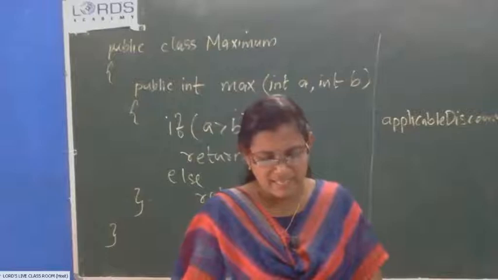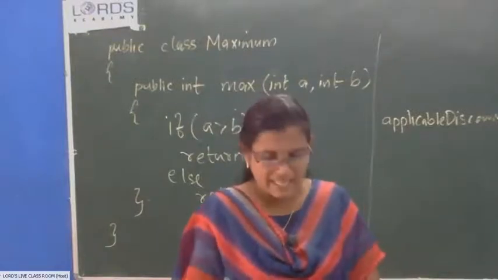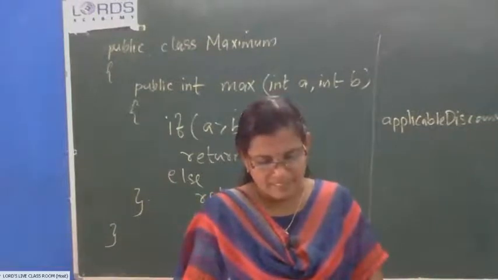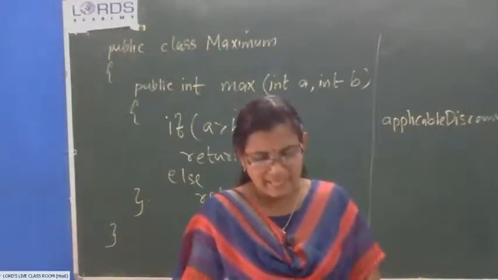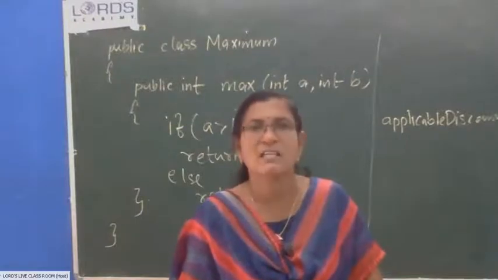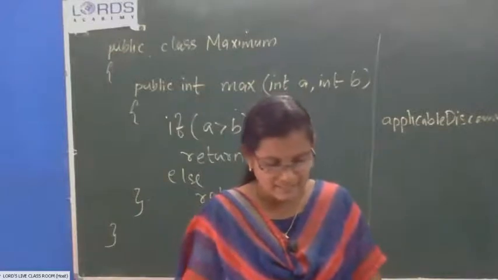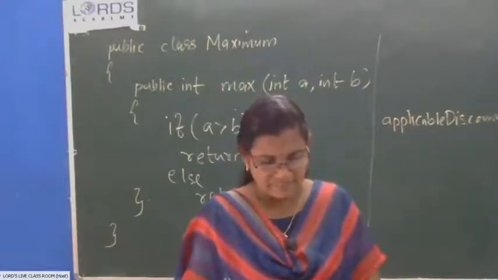If the sales amount is greater than 18,000, you will get 15% discount. If the sales amount is greater than or equal to 8,000, second condition, these are all simple if constructs, isn't it?